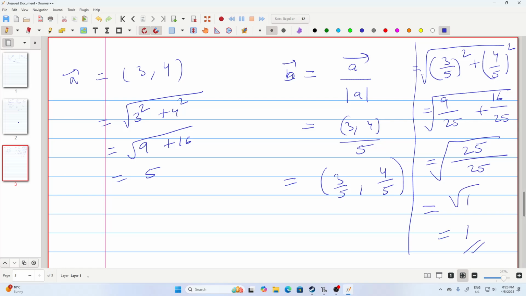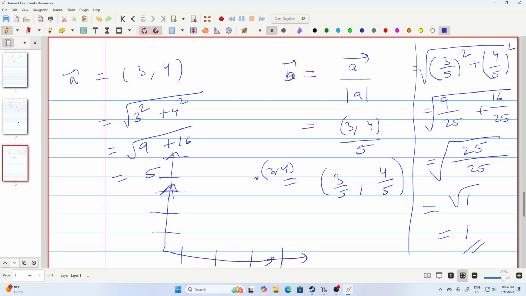So the length of this vector is 1. If you draw this on a piece of paper, 1 2 3 4 and 1 2 3 4 5, let's say, the 3 is going to be here and the 4 is going to be here. So this was 3, 4, right?